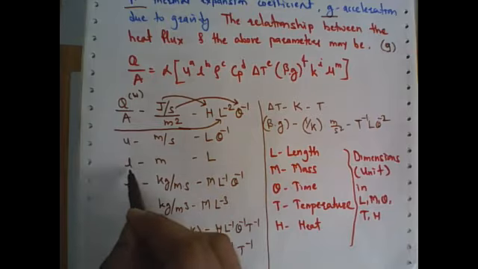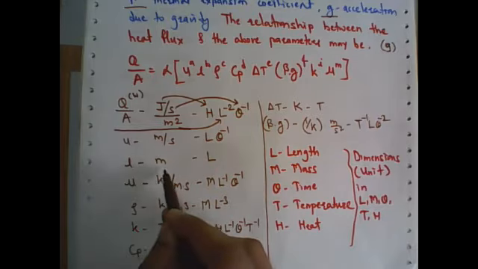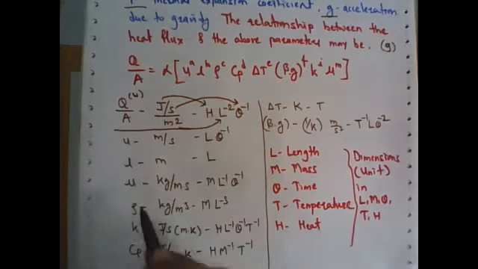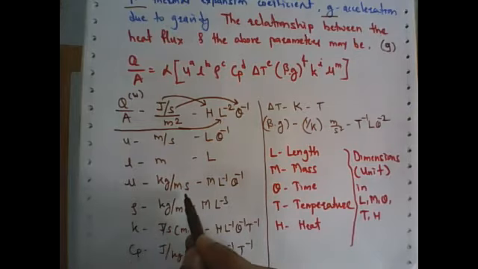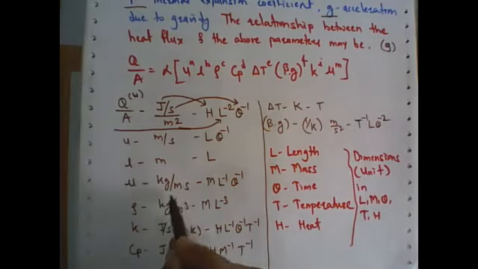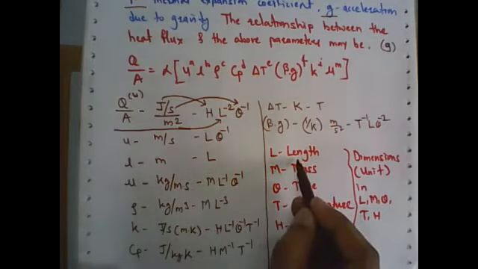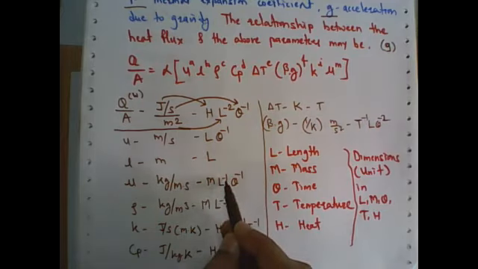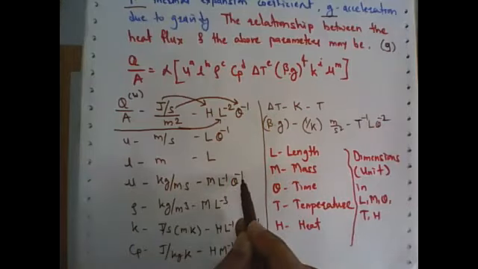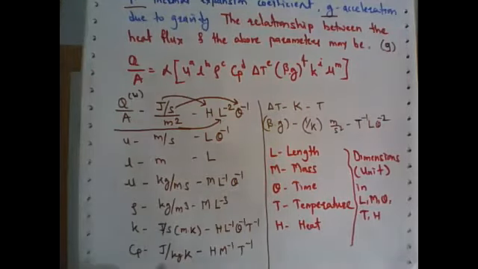Likewise, the length, the unit is meter, so we have to write capital L. Then viscosity, the viscosity unit is kg per meter second. So kg means it is the unit of mass, so it should be M. Per meter means per length, so L raised to minus 1. Per second, it means time, that is theta, so it should be theta raised to minus 1.